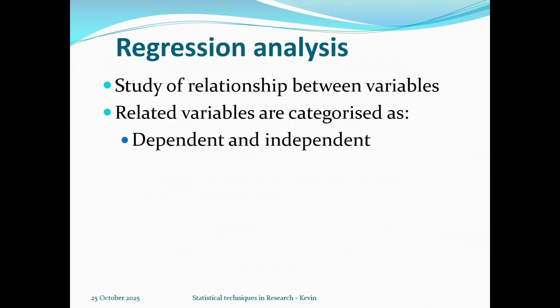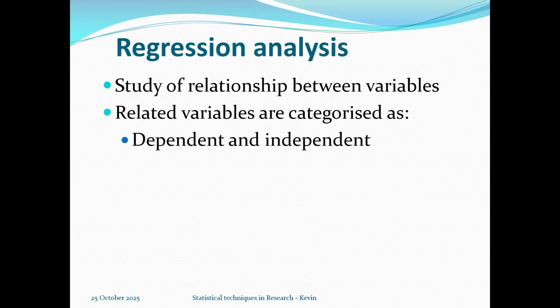If you study the relationship between two variables, one variable will be categorized as the dependent variable, and the other as the independent variable. In the case of sales and advertisement, sales depends upon advertisement to some extent. So we can say sales is the dependent variable, advertisement is the independent variable.